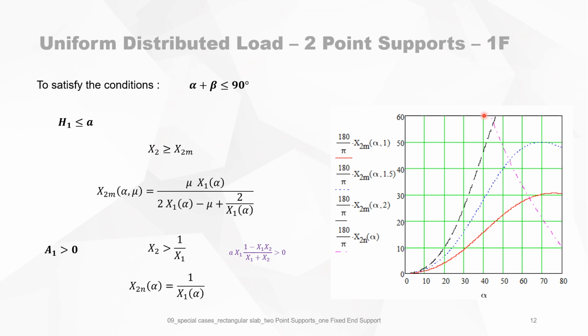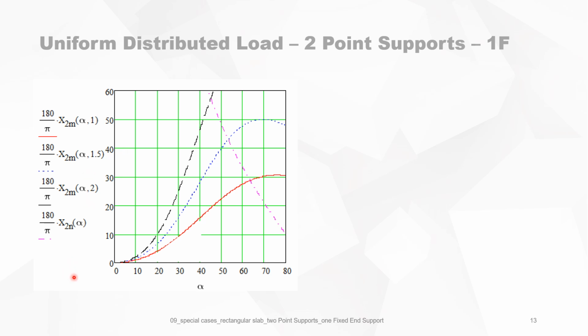It means that every combination is only valid if it's on the left-hand side of this curve, because this curve gives you the condition A1 positive. Those three give you the condition H1 is smaller than A. So now we can give an example. Again, these are the curves for mu 1, 1.5, and 2, and this is for A1 positive.